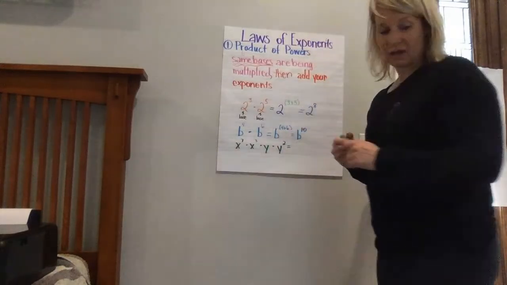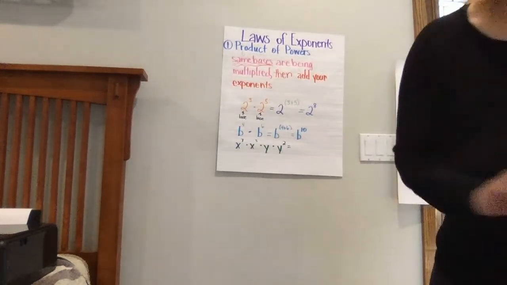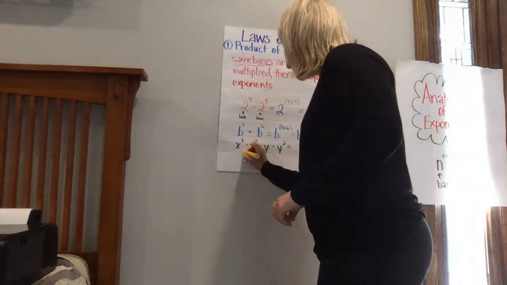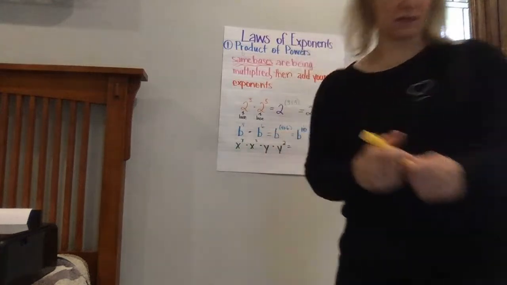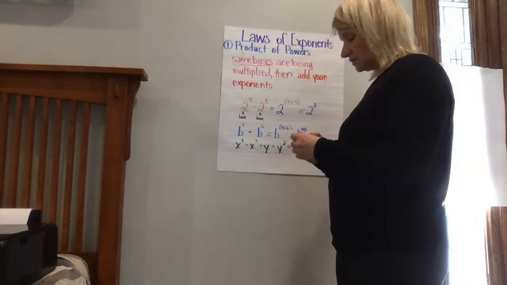Again, let's look at what is the same. Well, my x's are the same, so they're in yellow. And my y's are the same. Those are in orange.